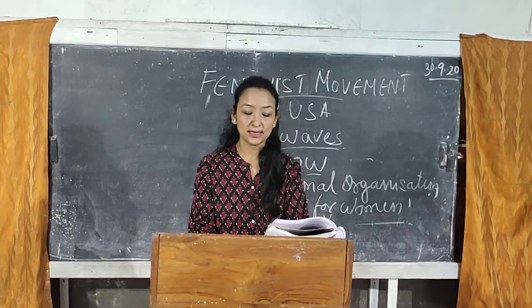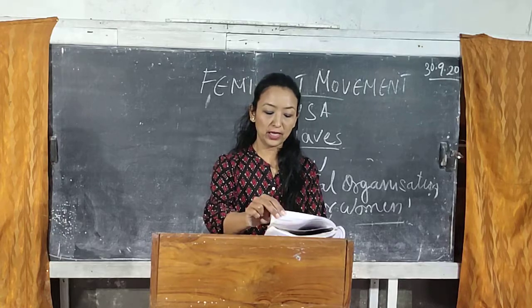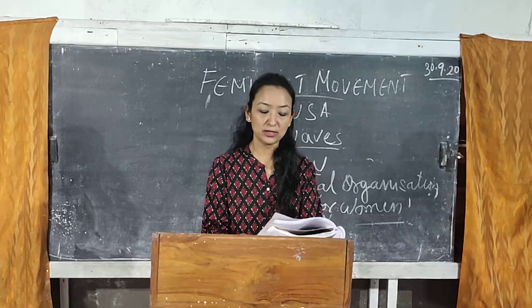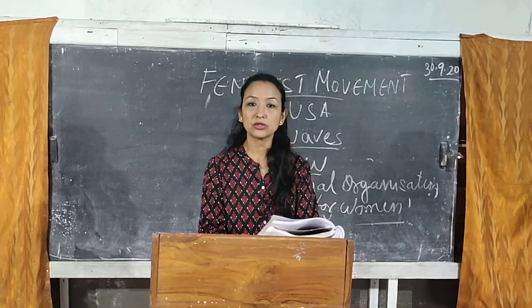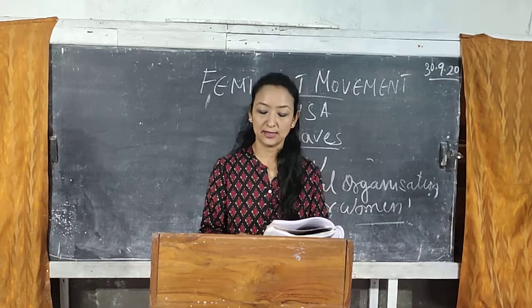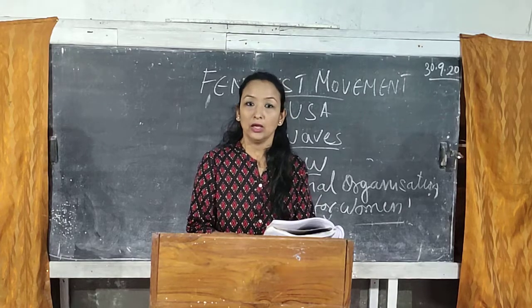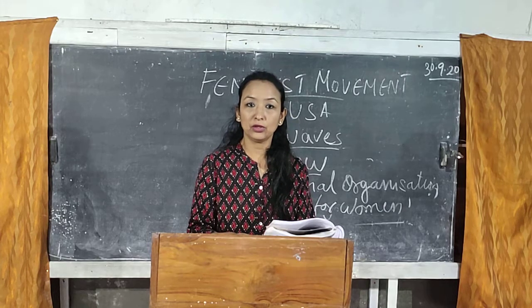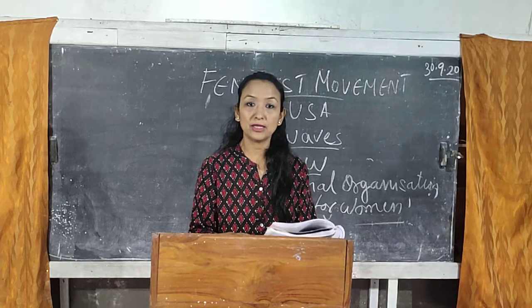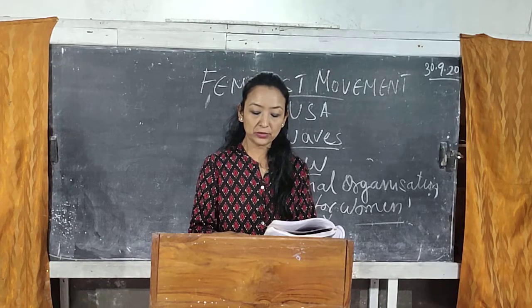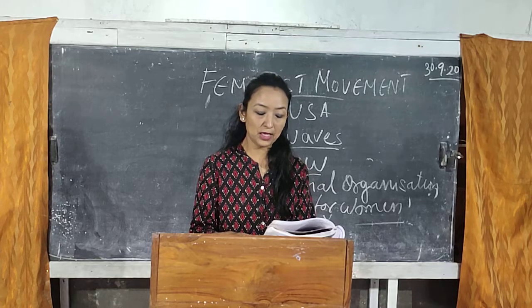On August 26, 1970, Friedan organized the nationwide women's strike for equality in New York City. So, there was also a strike organized by Betty Friedan, which was nationwide, regarding the equality of women. This strike attracted around 50,000 women.